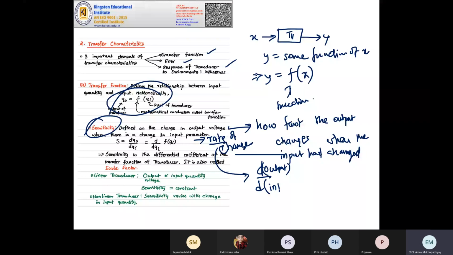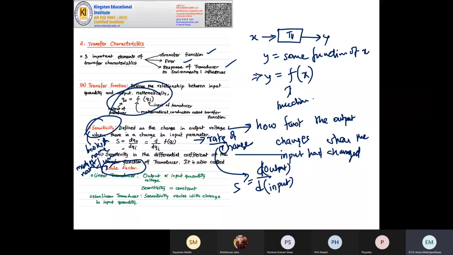Sensitivity has a commercial name. It's called the scale factor. This is your bookish name or technical name. And this one is market name or commercial name. So sensitivity and scale factor are same. Second is linear transducer. What is linear?